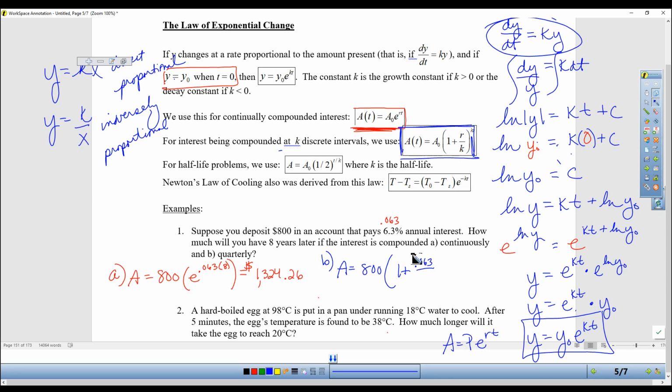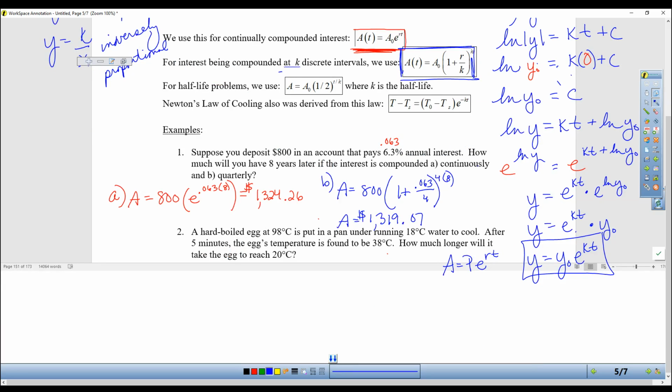K is the number of discrete intervals, so quarterly would be 4 intervals. And then kt, for the t in this case is 8 years. And that amount would be $1,319.07. So obviously, continuously compounded is better.